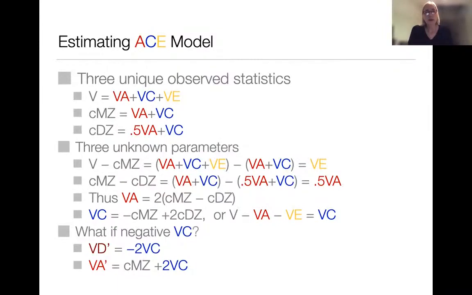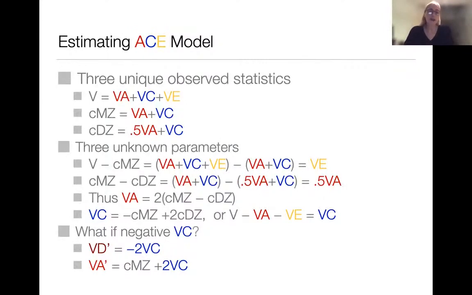Now, if we go back and use the rules of path analysis, we can work out what the expectations are for each of these observed statistics in terms of the parameters of the model that we're interested in. And so we're interested in the first instance in fitting an ACE model, a model where we estimate how much of the variance is accounted for by additive genetic factors, shared environmental factors, and unique environmental factors.